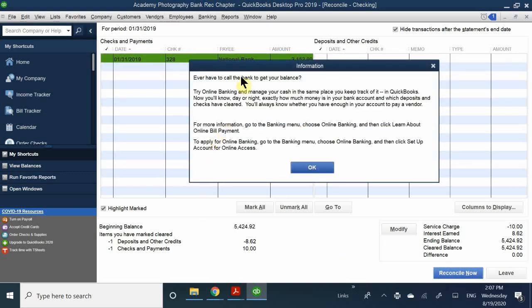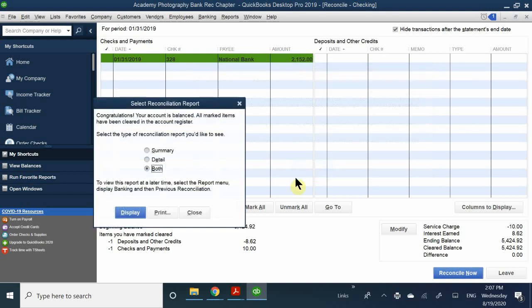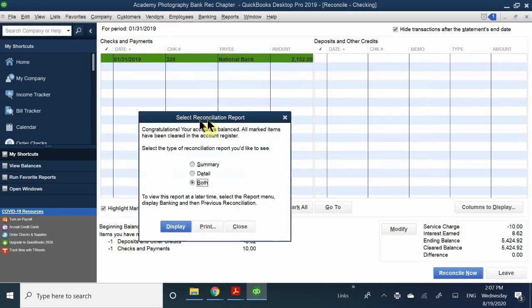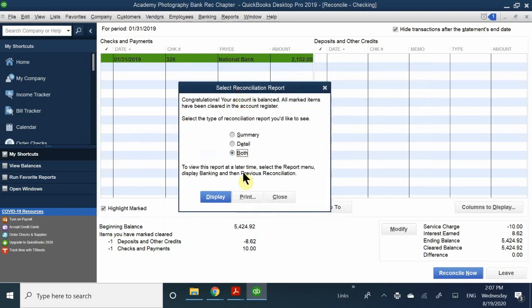So now it's going to give you this little window that says you successfully reconciled. I'm going to click okay. Now you're going to get this window. It's going to ask you 2 questions: would you like a summary or would you like a detailed report on your bank reconciliation? In this case, I'm going to click both, because it's going to tell you what happened here.